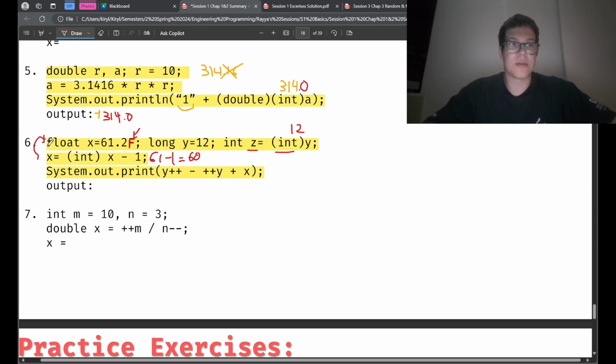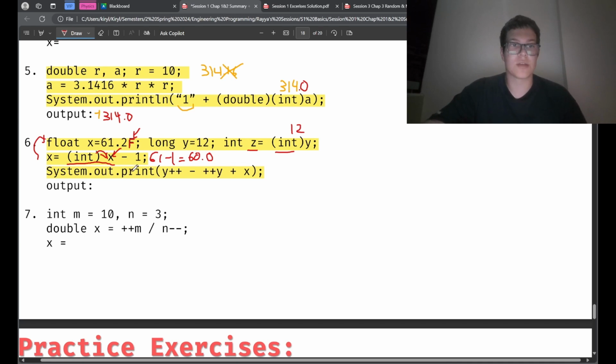We always have to remember x is a float. So this 60 will actually be 60.0, because we did not change the data type of x. Here we did cast it, but that doesn't change the inherent value of x. It's not like the postfix prefix, which actually changes the value. It just modifies it temporarily for this line.